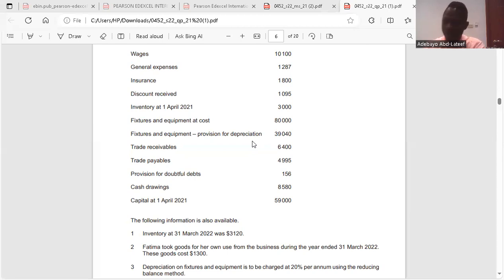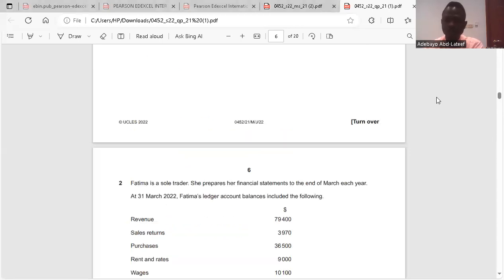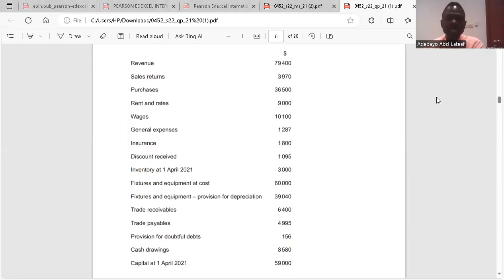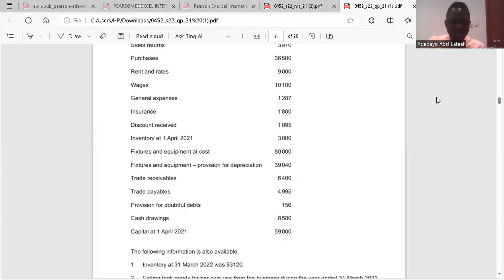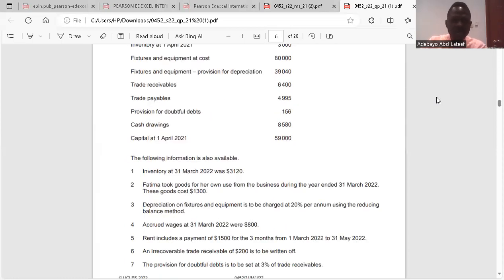The first expense we have here is rent and rates, which is 9,000. But that's not going to be the only rent and rates figure. We have information here. They said rent includes a payment of $1,500 for the 3 months from March to May. So from March, we have April and May.